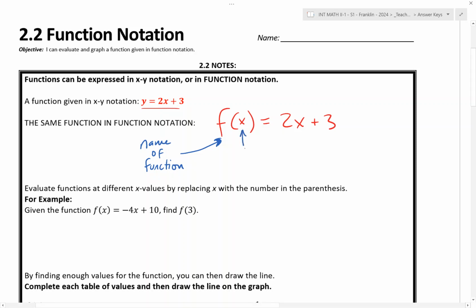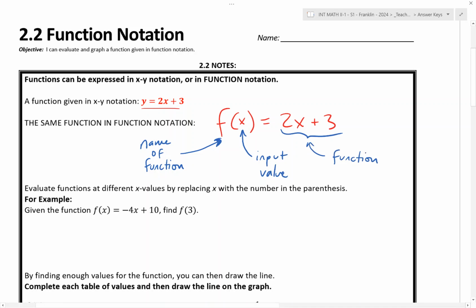Now whatever is inside the parentheses, and it's usually x to start out with, this is the input value. So whatever we put in the parentheses here will go in for x in the actual function. And the rest of it right here, 2x plus 3, this is the actual function.